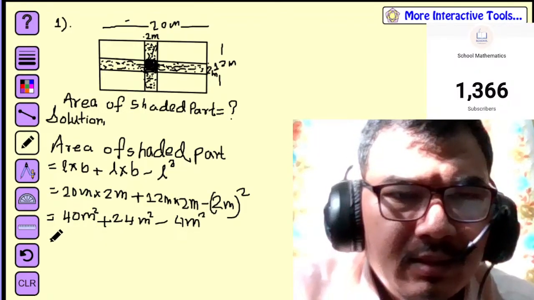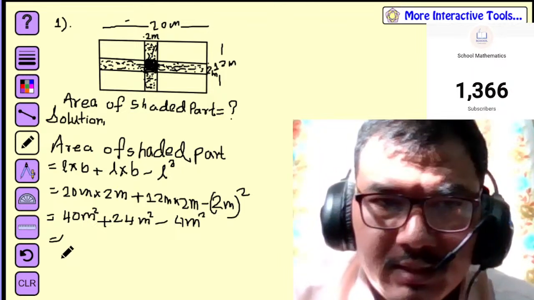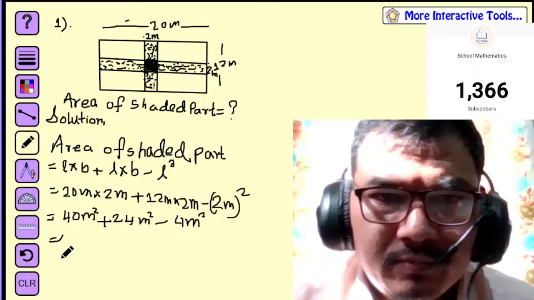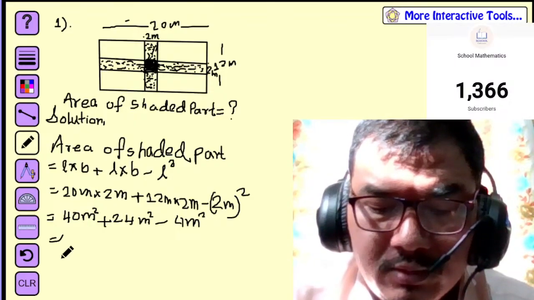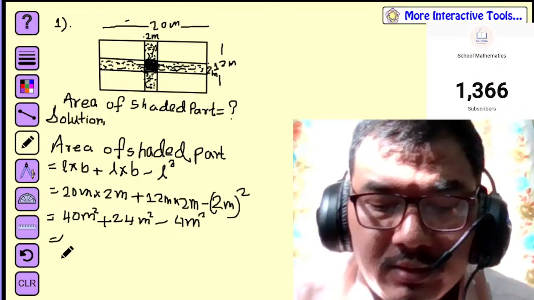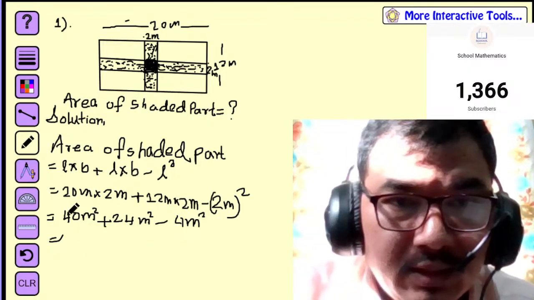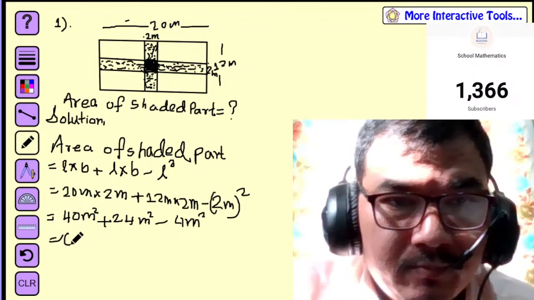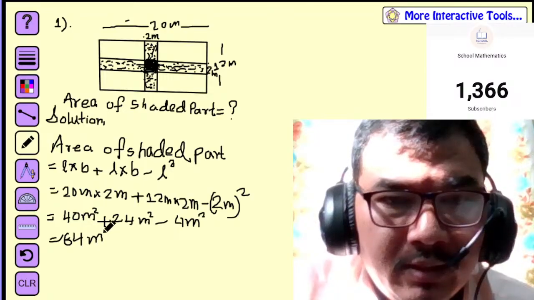Then let's add 40 and 24 first, 40 plus 24 is 64 meter square.